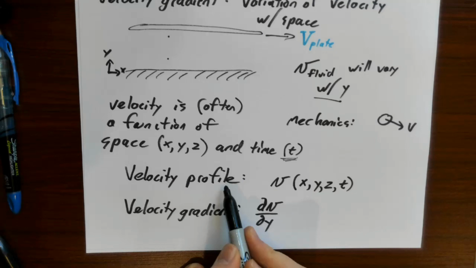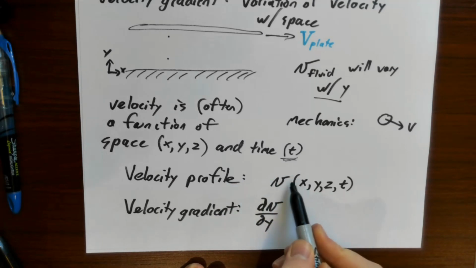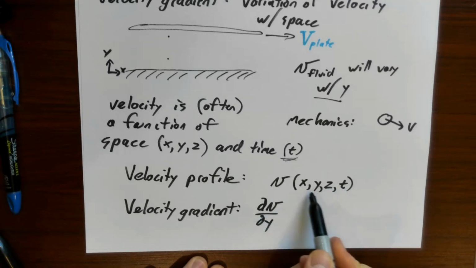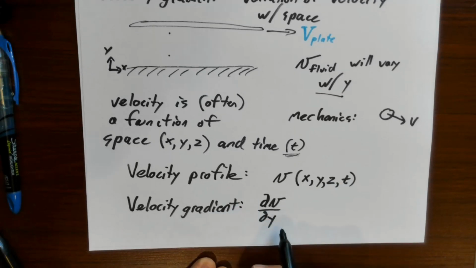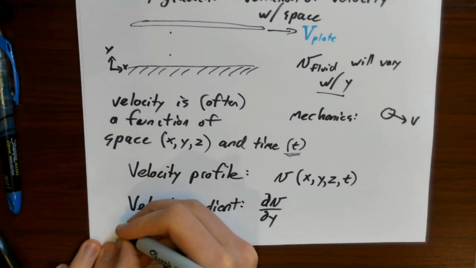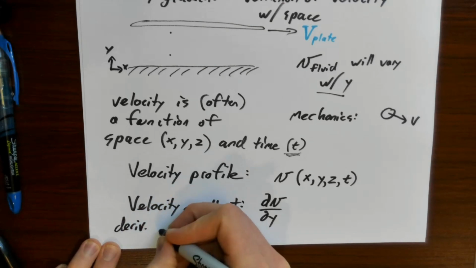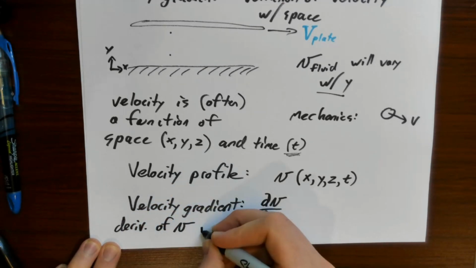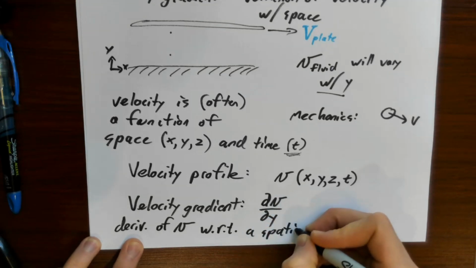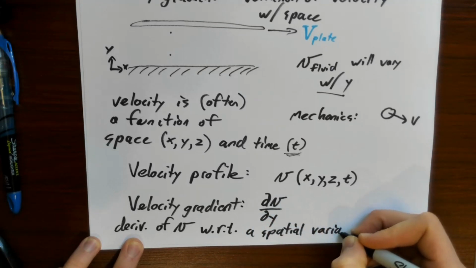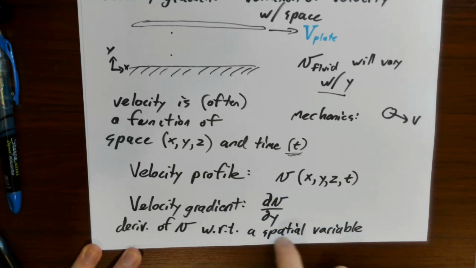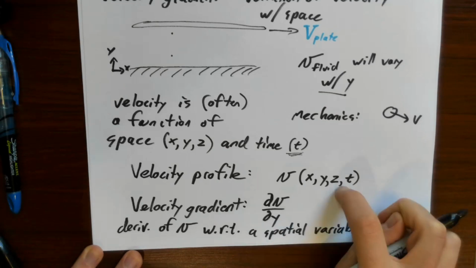So a velocity profile is the velocity of the fluid as a function of all of these variables. The velocity gradient is the derivative of that velocity with respect to a spatial variable, i.e. an x, y, or z.